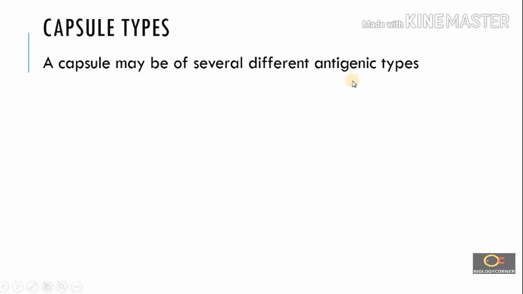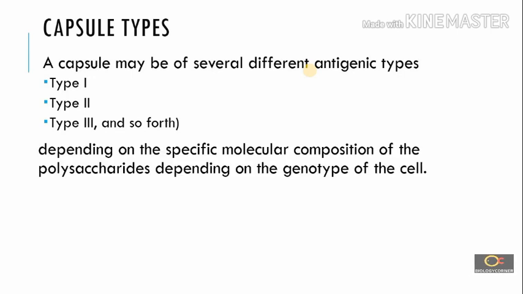A capsule may be of several different antigenic types like type 1, 2, 3 and so forth. This classification is based on the specific molecular composition of the polysaccharide coat, which depends upon the genes, the genotype of the cell.